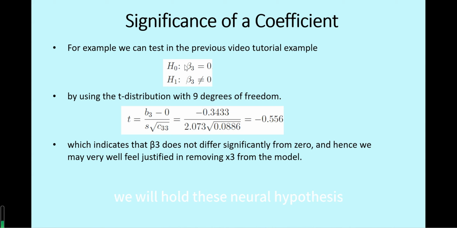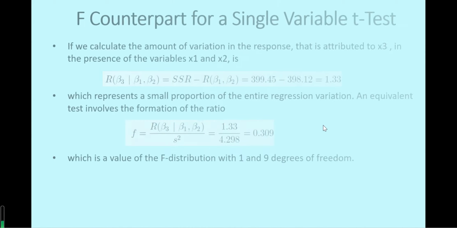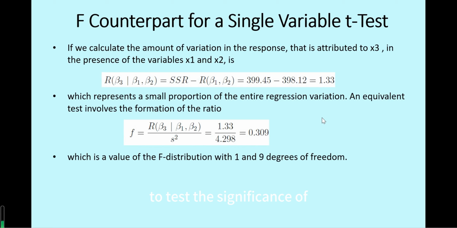We will hold the null hypothesis, and we can say we have to remove x3 from the model. So this is the t-test to test whether one individual variable should be included in the model or not.